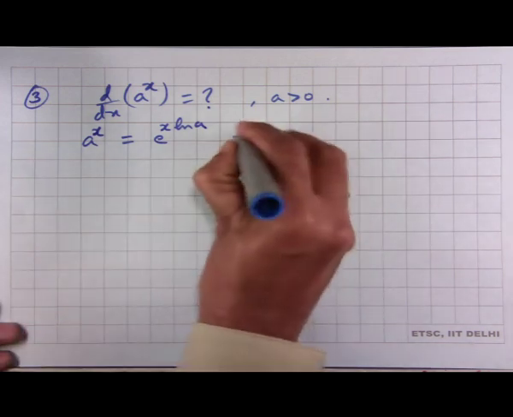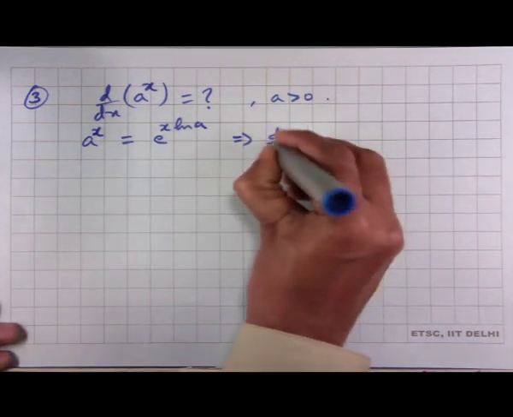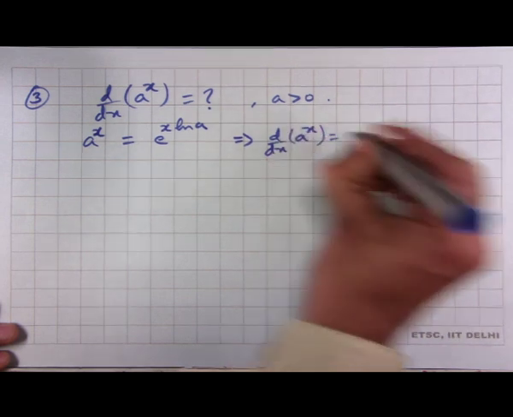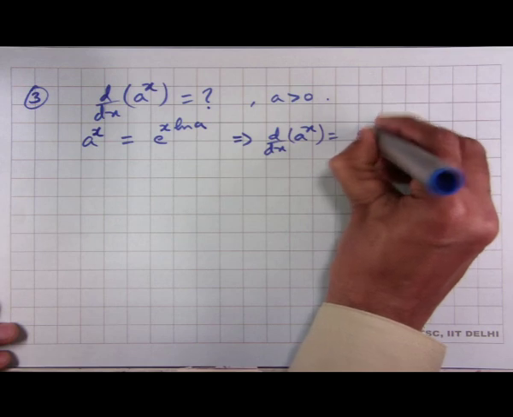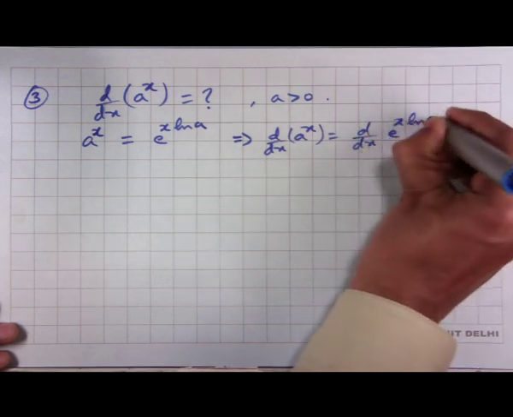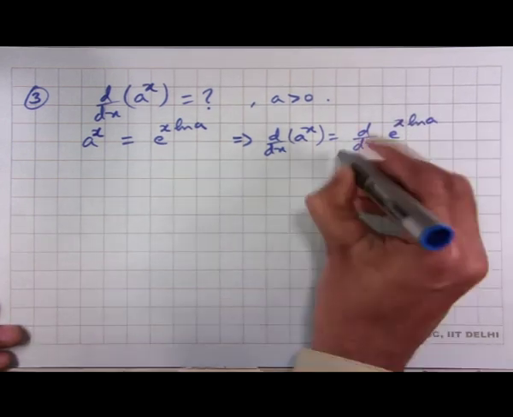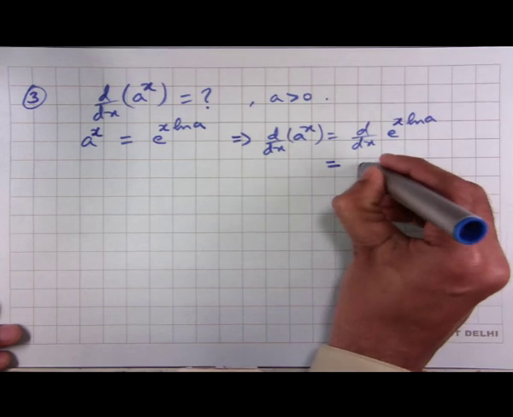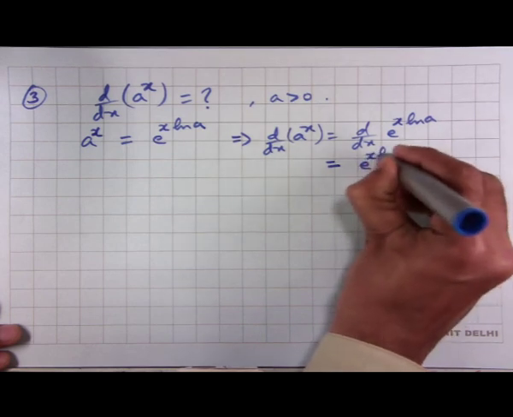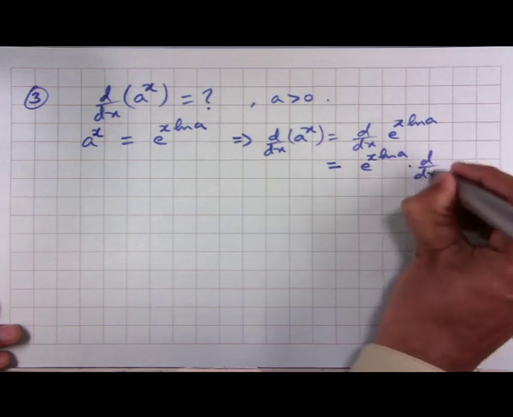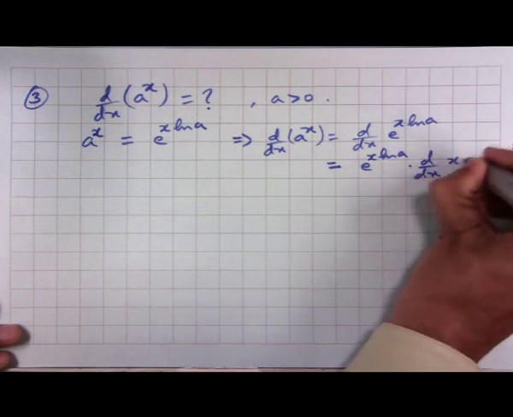So, d by dx of a to the x is equal to d by dx of e to the x ln a, and now we use chain rule. The derivative of this will be equal to e to the x ln a times the derivative d by dx of x ln a.